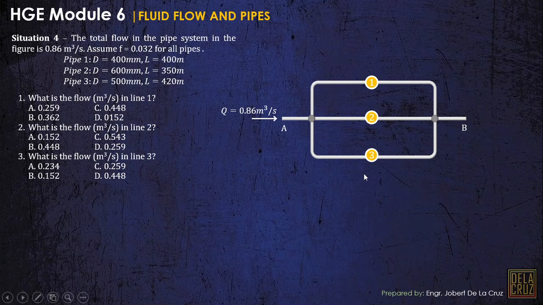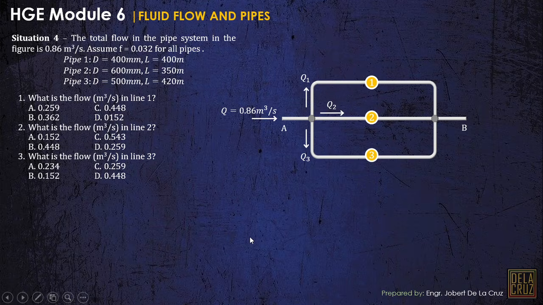That should be distributed to the pipes. Is it correct? Of course. Alangan namang if open lahat ng pipe dito, pag nilagyan natin ng flow dyan, dito lang dadaan yung tubig. Of course, dadaan din yan dito sa line 1 and of course in line 3. Basta open lang yan.